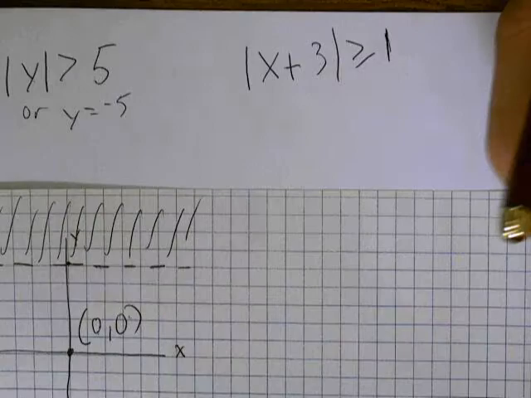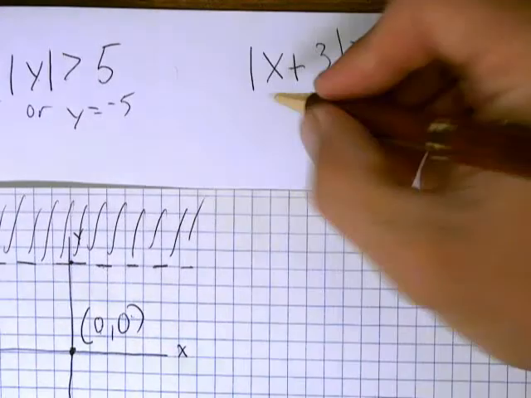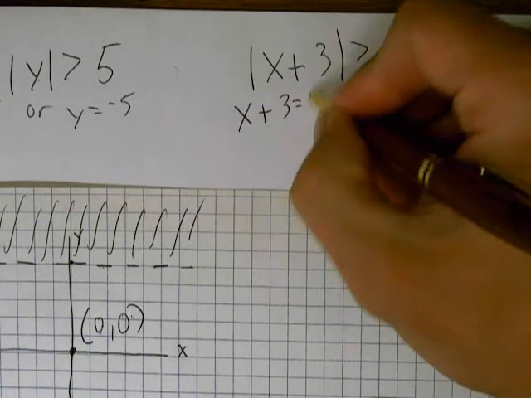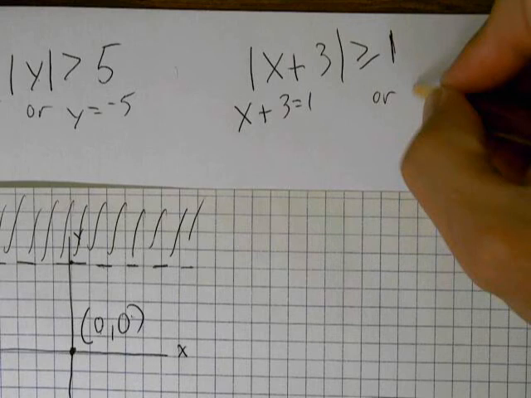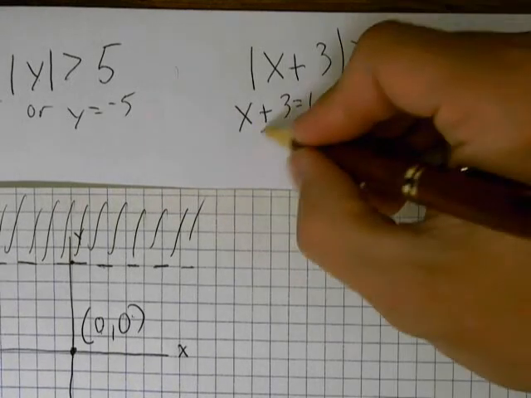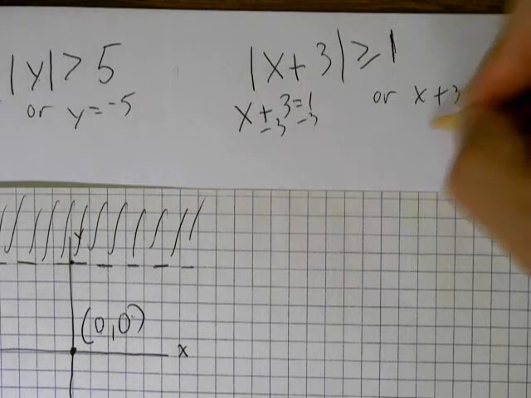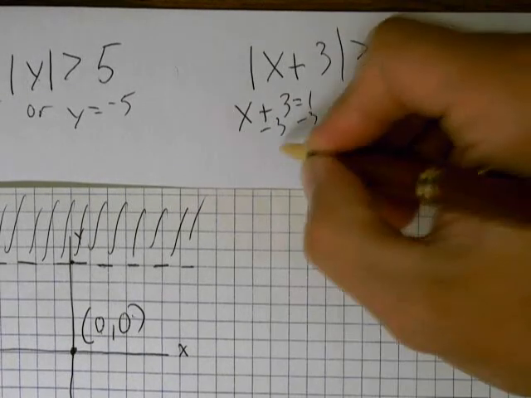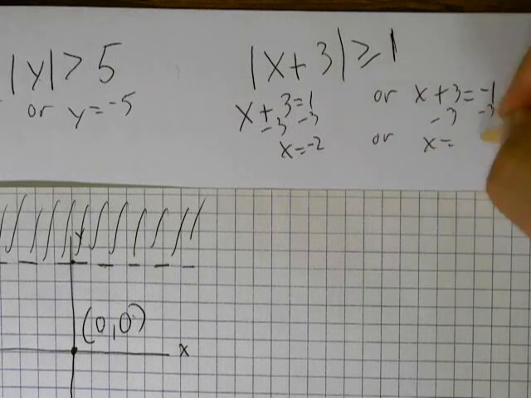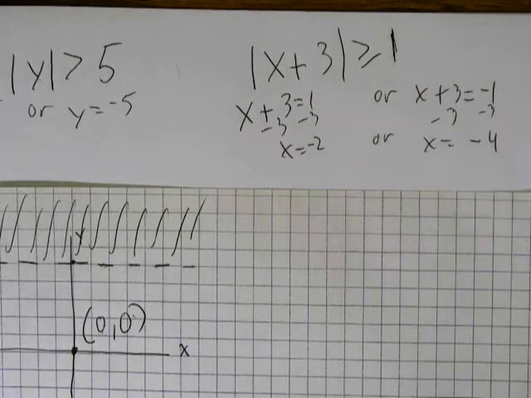I'm going to start out with x plus 3 equals 1, or x plus 3 equals negative 1. Subtract 3, subtract 3, x equals negative 2, or x equals negative 4.